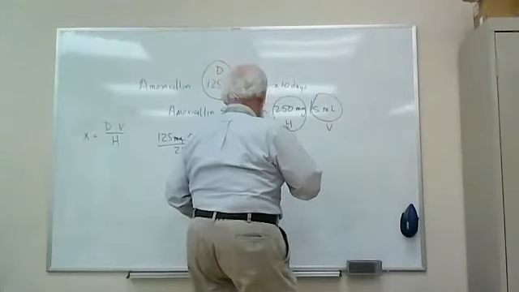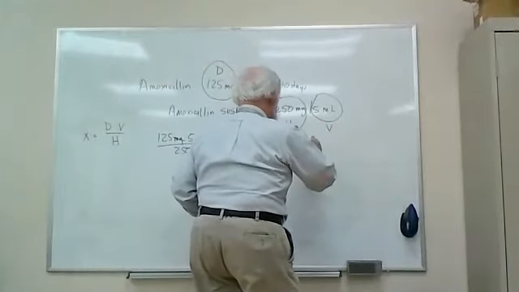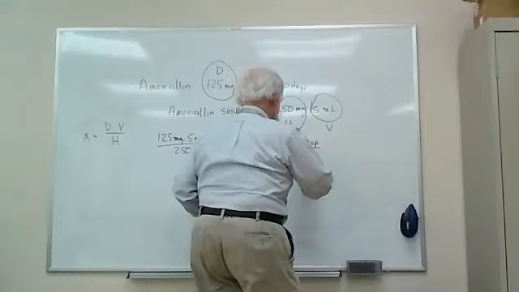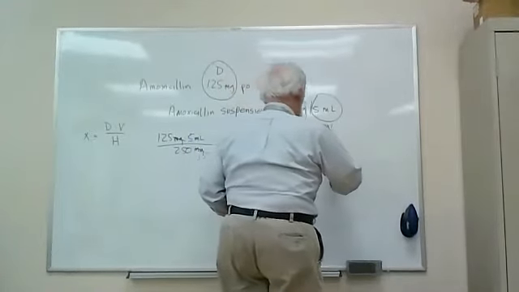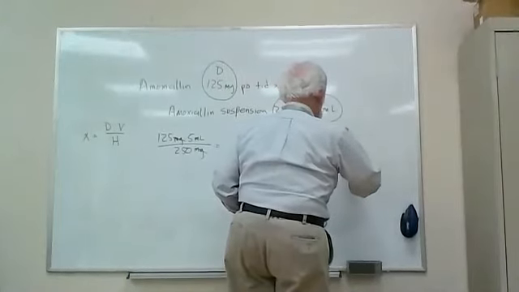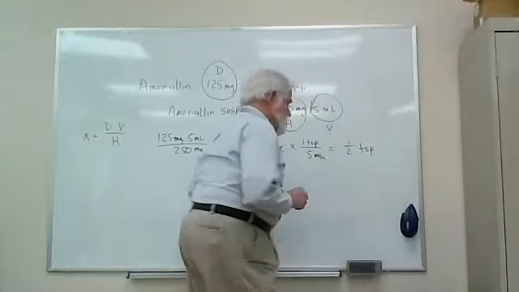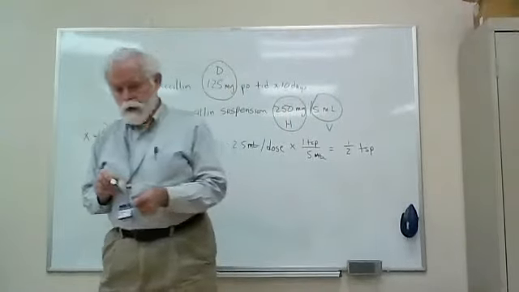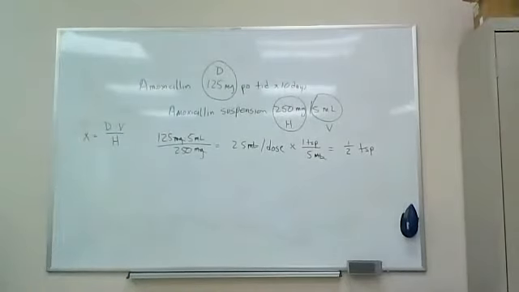So we now multiply this by 1 teaspoon per 5 milliliters. Milliliters cancel out, and we get 1/2 teaspoon per dose. That's what we put on the label. Give 1/2 teaspoon per dose.